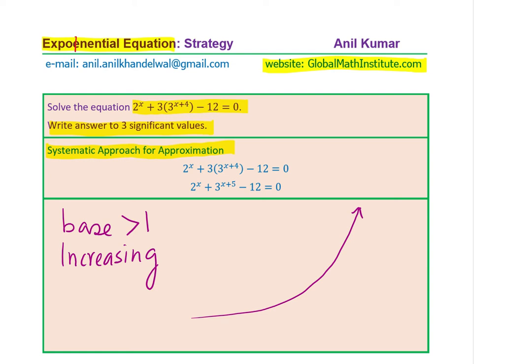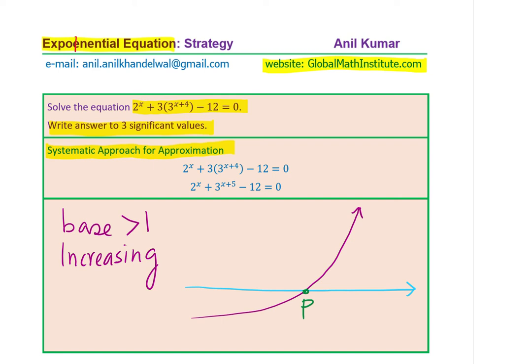Now, when we say equal to 0, it really means that if I'm sketching it on a graph, then it is definitely going to cross the x-axis at some point. And this is the point which we are looking for. So we're looking for this particular point, which is our solution.